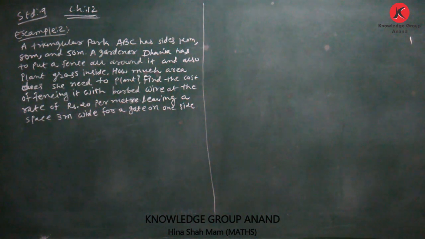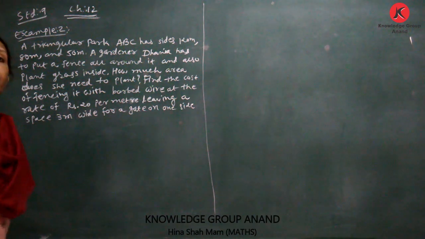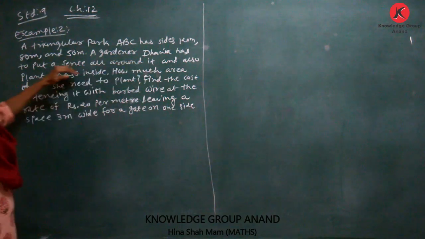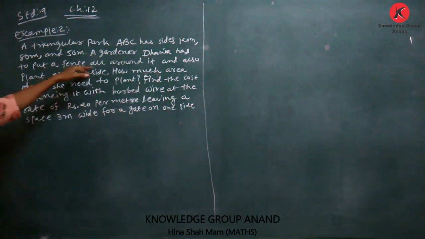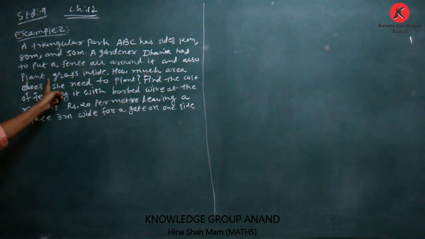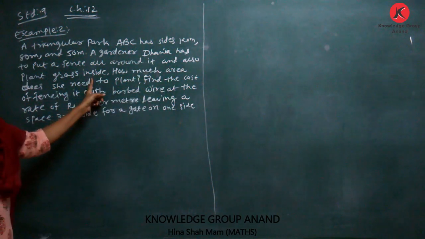Now, example number 2. A triangular park ABC has sides 120 meter, 80 meter and 50 meter. A gardener Dhanya has to put a fence all around it and also plant grass inside.